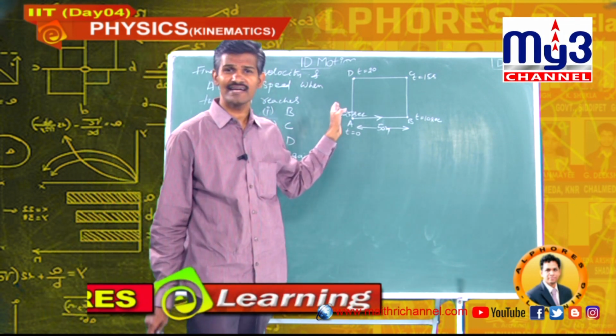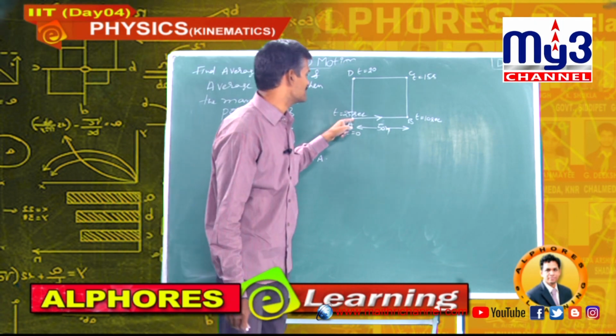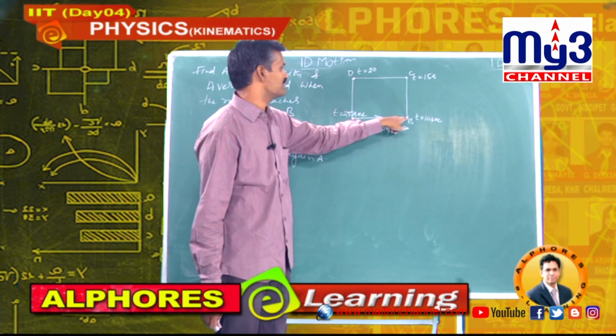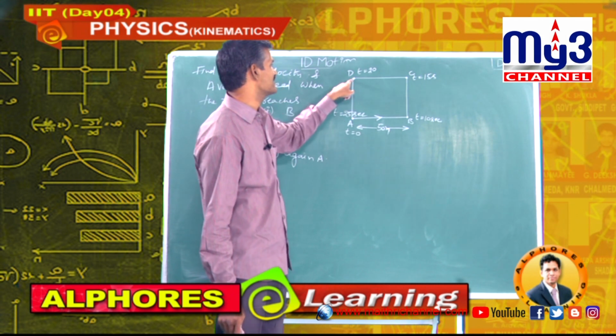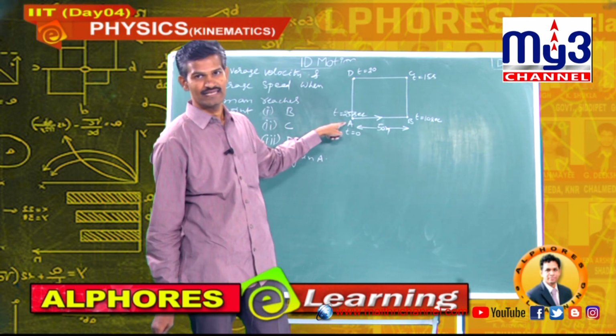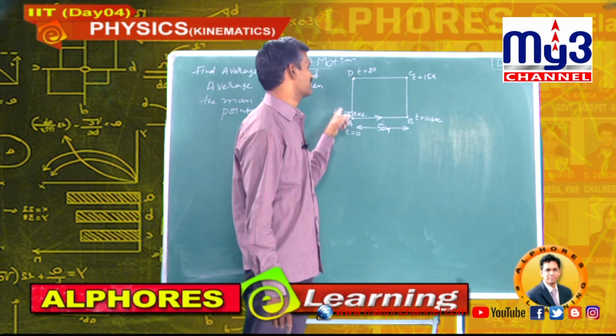Here I want to calculate the average velocity for this man when he reaches point B, point C, point D, and again A. He completes the square path.